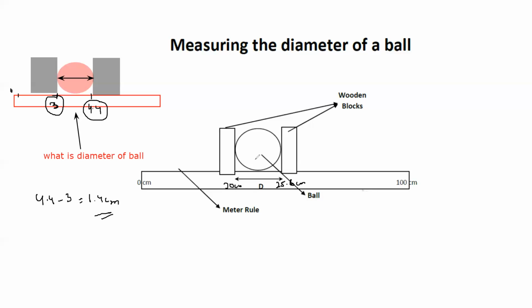What is the diameter here? Starting from 20 and ending at 25.6, it should be 25.6 minus 20, which equals 5.6 centimeters. That will be the diameter.